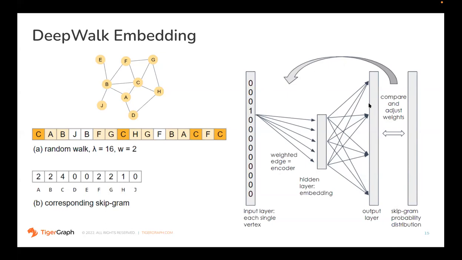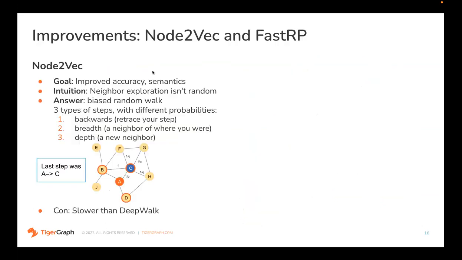We then do the traditional method of training this little mini neural network so that the output, which is just 2 stages long, tries to match this skipgram. So this is the one hot input, and the output is the skipgram. You train this so that these match. When they do, this hidden layer vector is your embedding vector. So that's called the DeepWalk embedding.